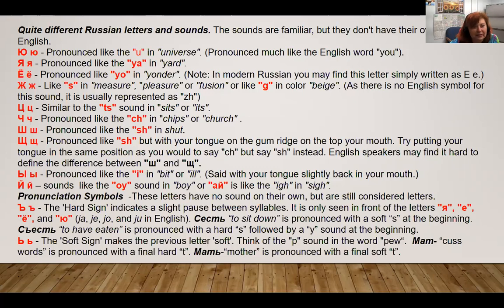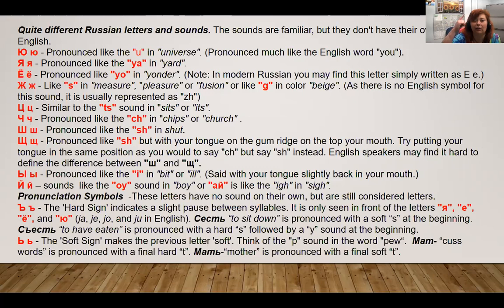Here's another interesting sound. It's pronounced like the I in bit or ill. You need to make this sound with your tongue slightly back in your mouth. If you put your tongue closer to the back of your mouth, or higher there, and try to say E, you make that sound.